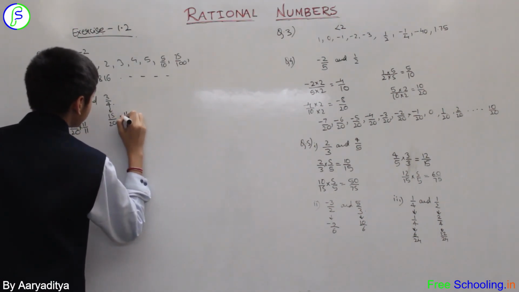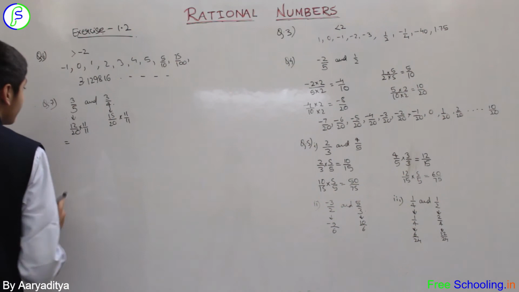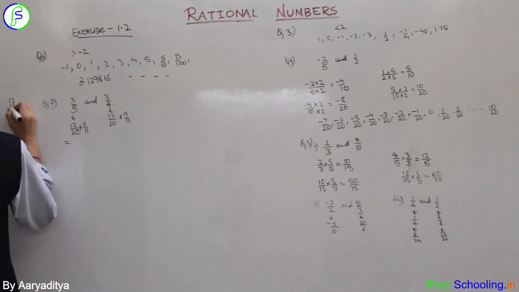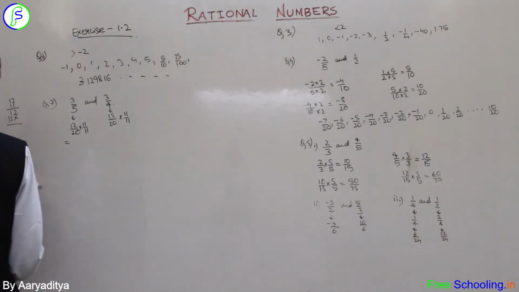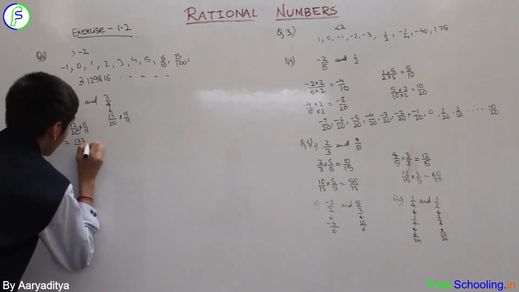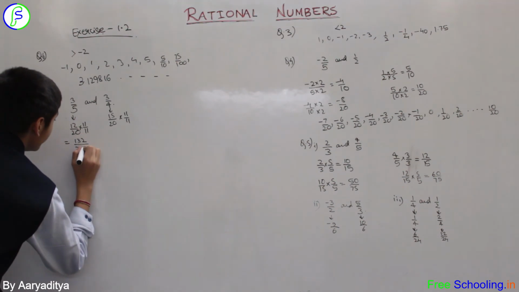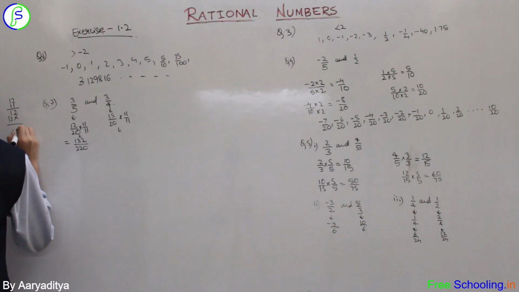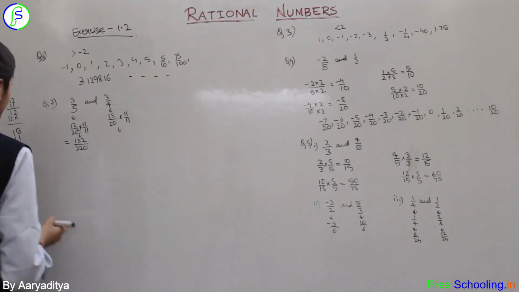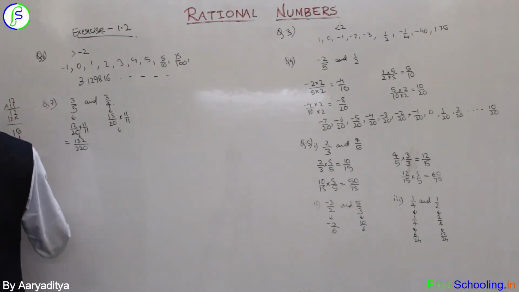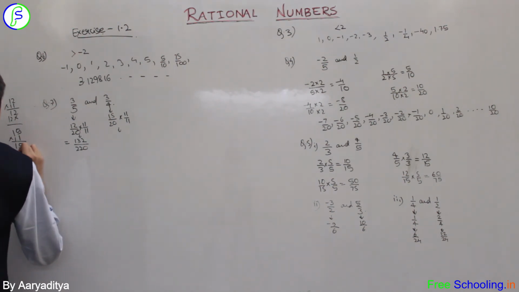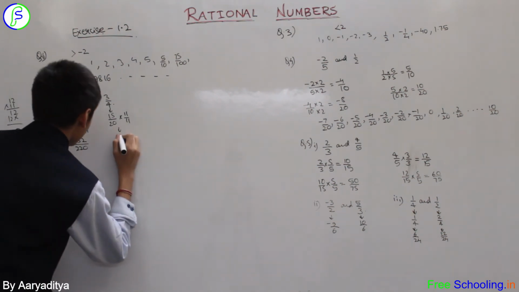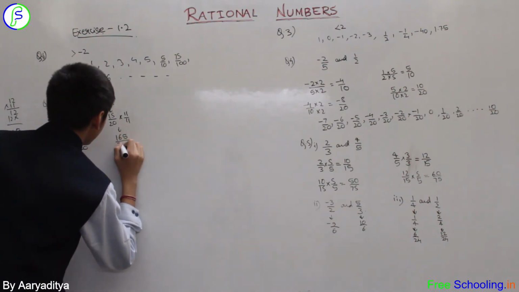So what do we get? Multiplying 11 and 12, I get 132 upon 220. And similarly, with 15 and 11, we get 165, so we have 165 divided by 220.